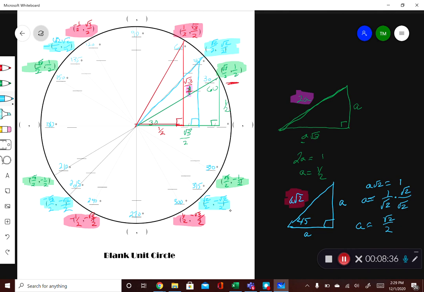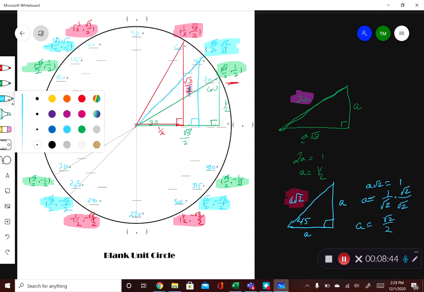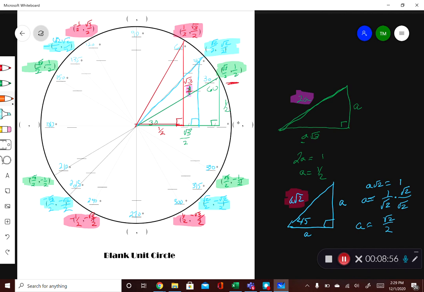Now, the last thing that we need to do is figure out the angles that are actually on the x and y axis. And those angles are going to be pretty easy because we know the radius is 1. So this coordinate at 0 degrees must be 1, 0.